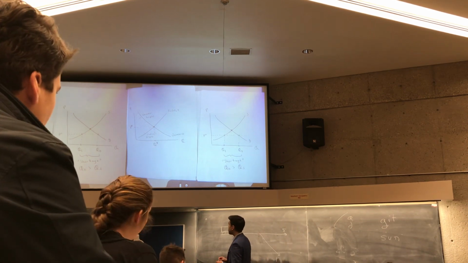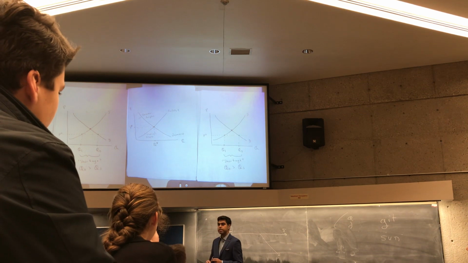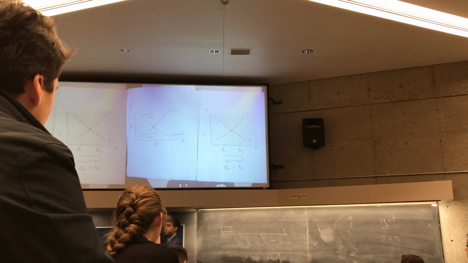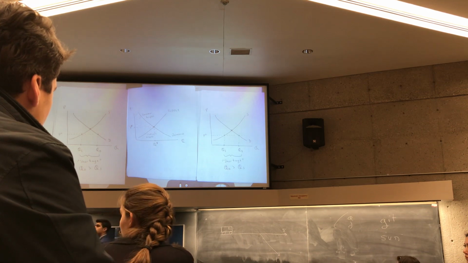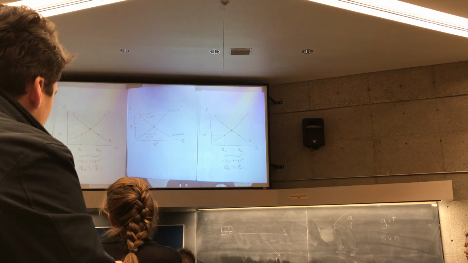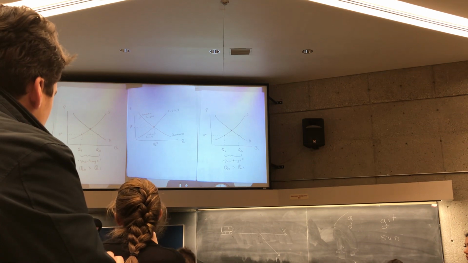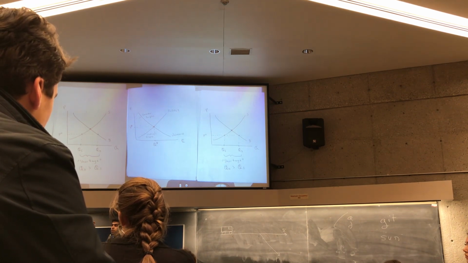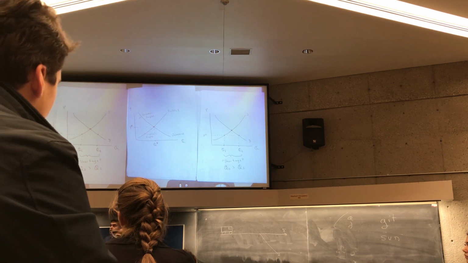Can anyone think of any real-life examples of shortages defined this way? There's a big demand for masks right now, but they're selling out, so there's a shortage of masks. Is it because of a price ceiling? Did the government come in and set a legal maximum price? The Chinese government did. If they did, then that's a shortage.